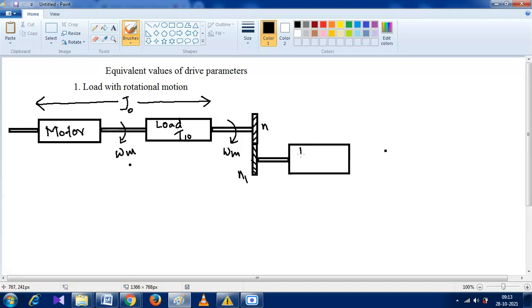This is our second load, whose load torque is TL1, basically TLn, and it rotates with the speed omega n1.